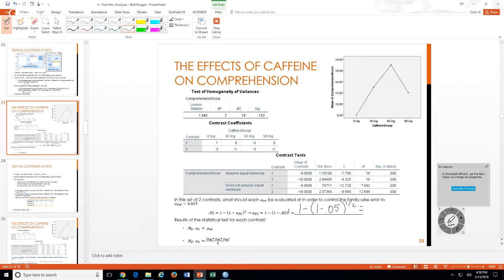What do we need to evaluate each of these at? What's our alpha family-wise here, or our alpha PC here that we need to use to control?